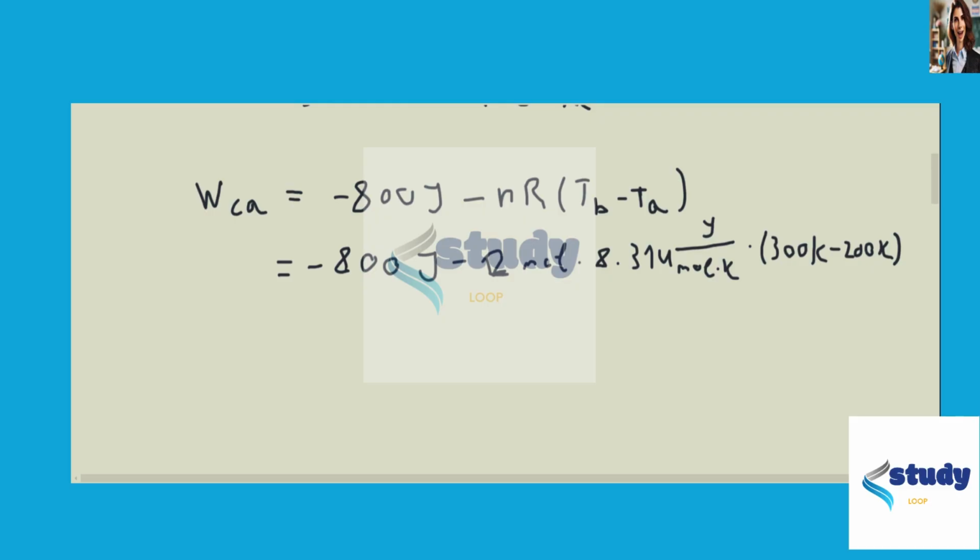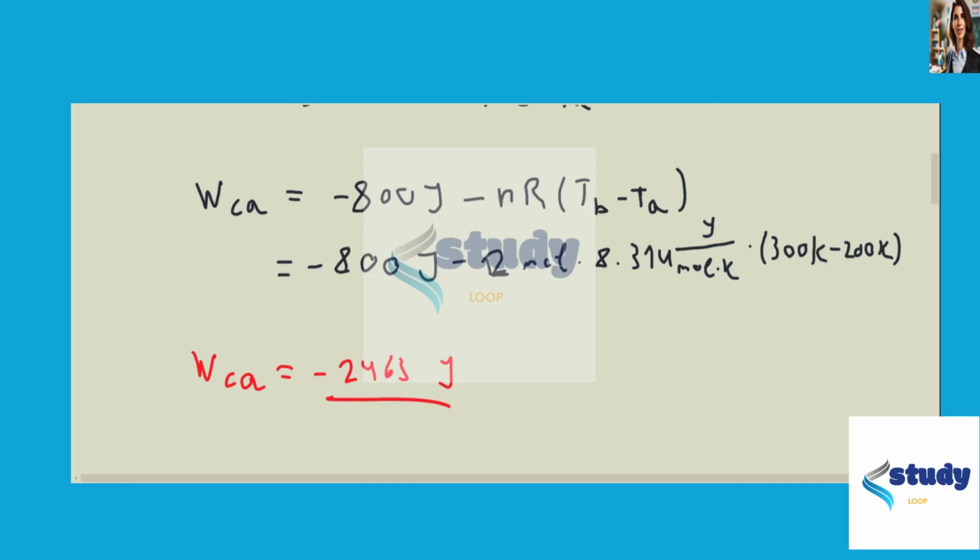Substituting all of these values into a calculator and evaluating the final number, we obtain that the value of the work done from C to A is equal to minus 2,463 joules. And this is the final answer for the part B of this problem.